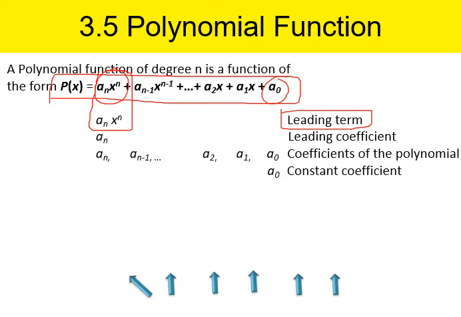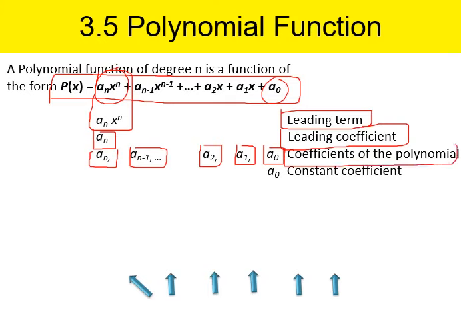When we just concerned about the a n term here, it is the leading coefficient. How about this one? With a with n term, a with the n minus 1 term, a the second term, a the first term, and a the 0 term. We call it as coefficients of this polynomial. And the last one is a with the 0 term. It is called the constant coefficient. It is at the end a value, a number.